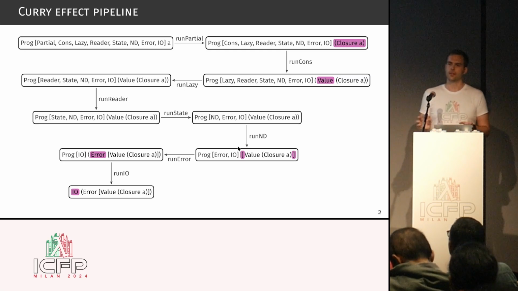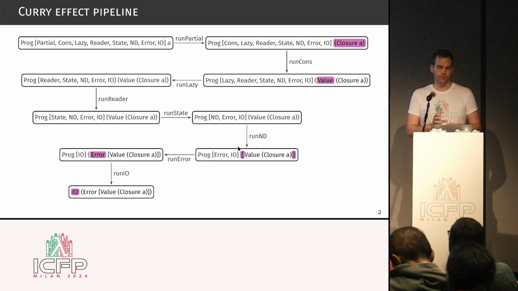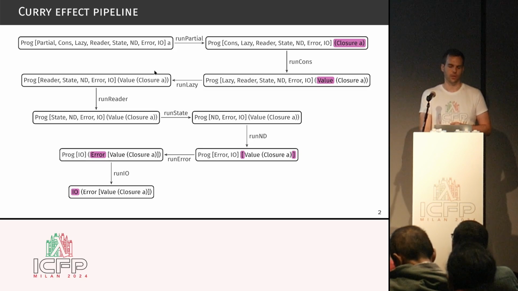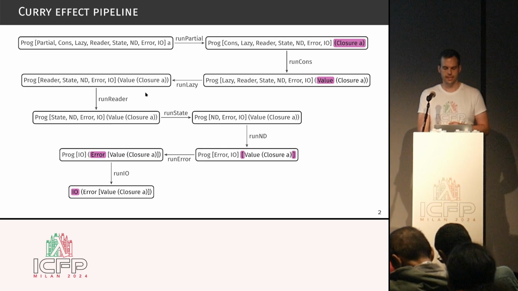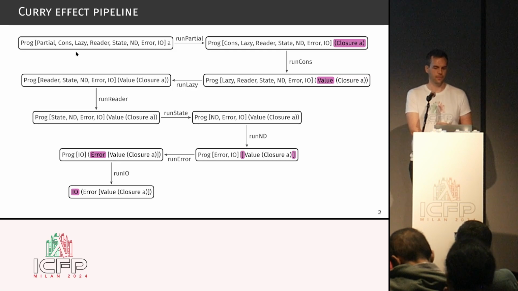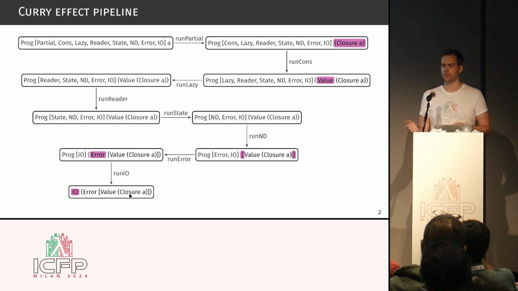This is just an overview of what I ended up with. You don't need to look at the specifics, but I just want to show how this works. What we have here is like this snake. That's the pipeline: this is the input of the pipeline, and this is the result of the interpreter.